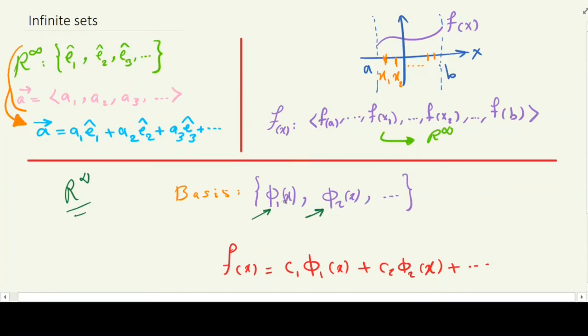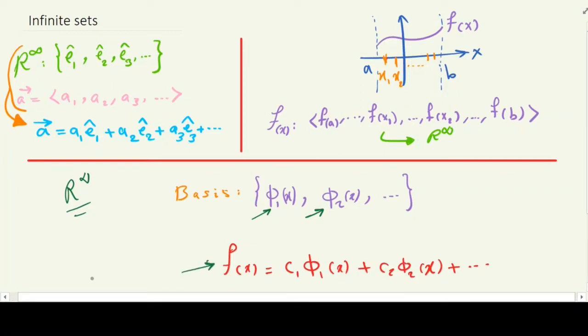And then using all these functions, which can be thought of as infinite dimensional vectors, similar to the vector context, we can generate any infinite dimensional vector like f.